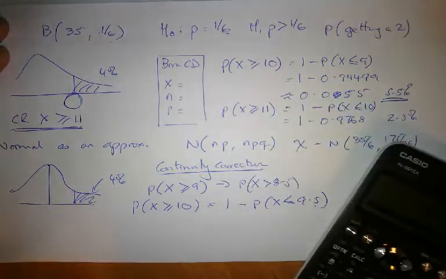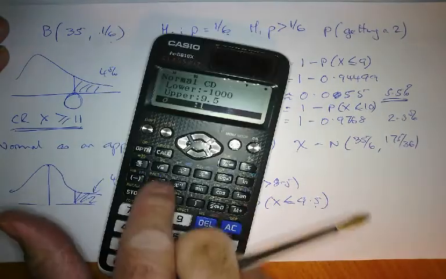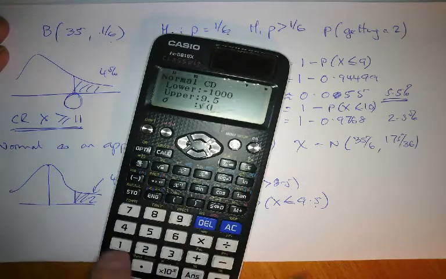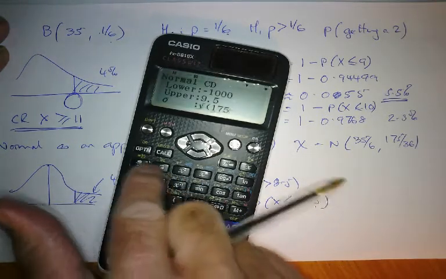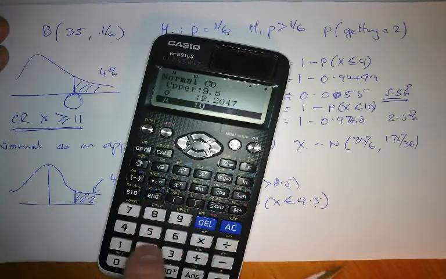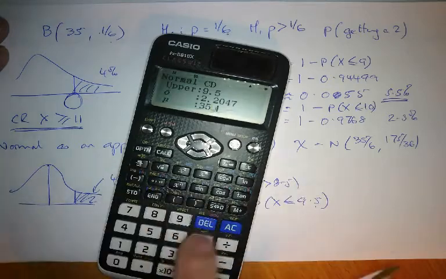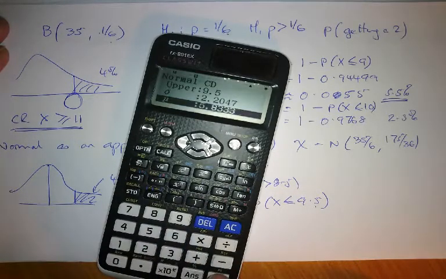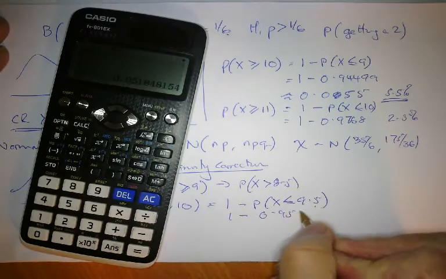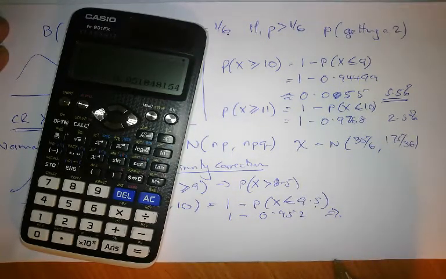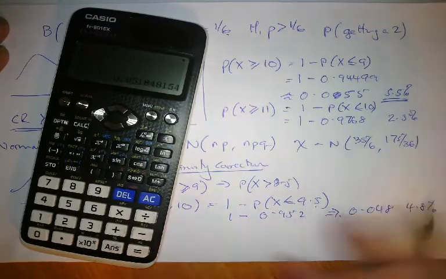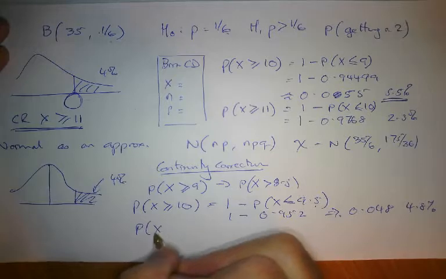My standard deviation, it gets really messy, is going to be the square root of, and I get a bit panicky about this, so here we go, 175 all over 36, close that bracket, equals, and my mean is 35 over 6. Notice I haven't rounded anything up, otherwise I'd get silly rounding errors, and I get that as being 1 minus 0.952, which comes to about 0.048, so 4.8%.